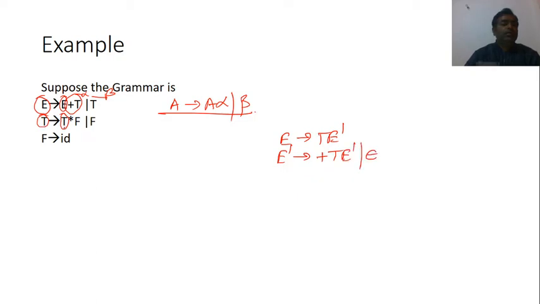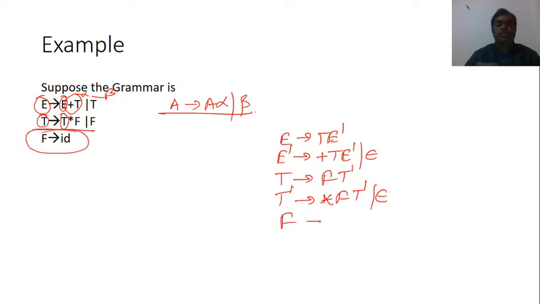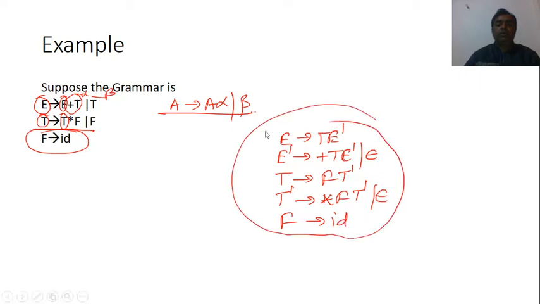And for the second production, after removing the left recursion it can be written as T raised to F T prime, and T prime raised to asterisk F T prime or empty. And in this production there is no left recursion, just write it as it is, F raised to ID. So this is the grammar after removing the left recursion.